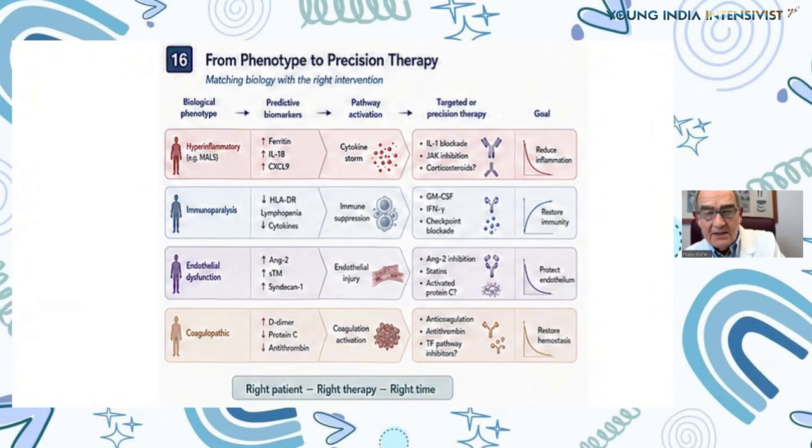But in this case, looking at the predictive markers, being an immunoparalysis present, we do have a leukopenia, lymphopenia. We do have a reduction of the cytokines that were very diffusely produced and liberated in the previous phases of the syndrome. And there is a depression of the HLA system with immunosuppression. And what we can do, we have to restore the immunity in this case.